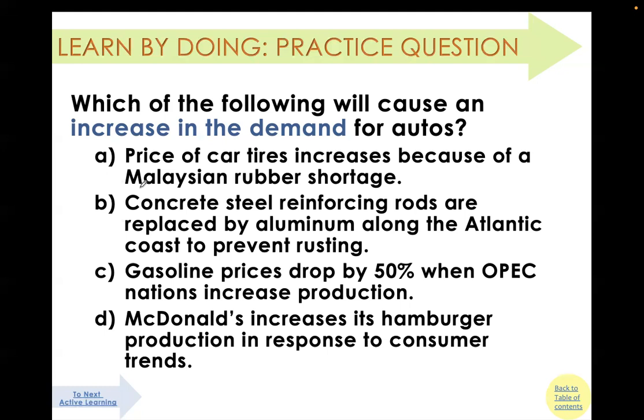Because essentially that's going to make cars more expensive.